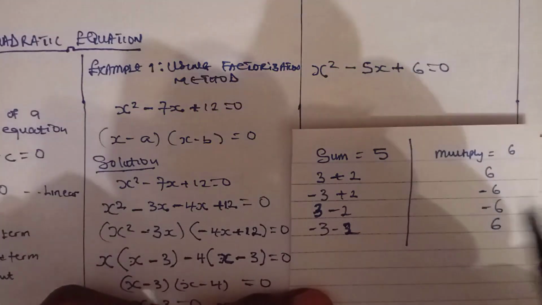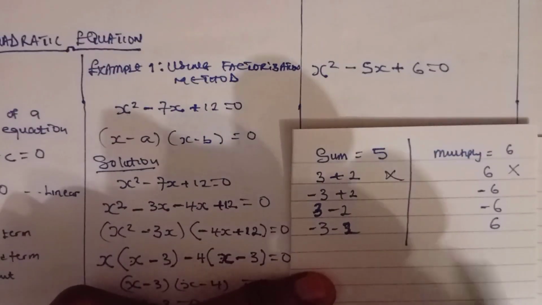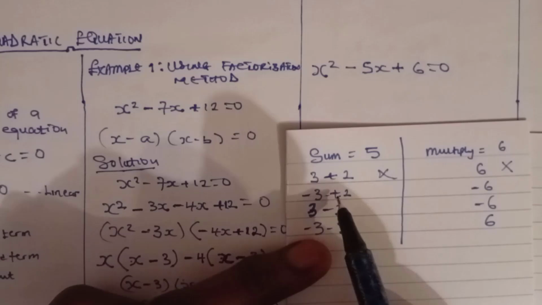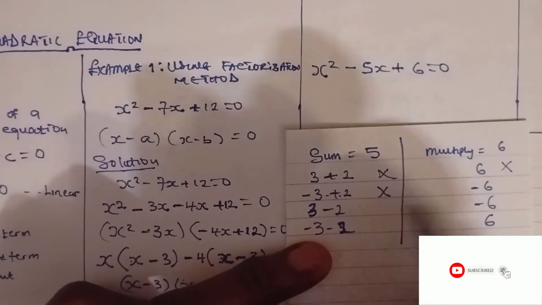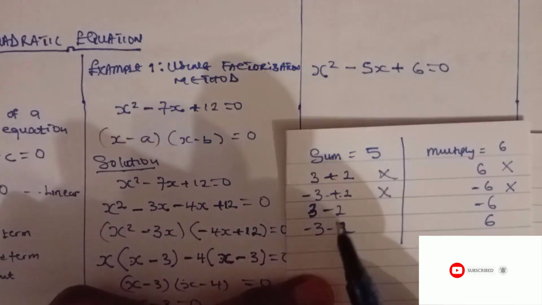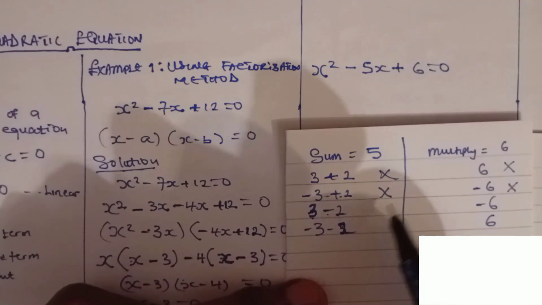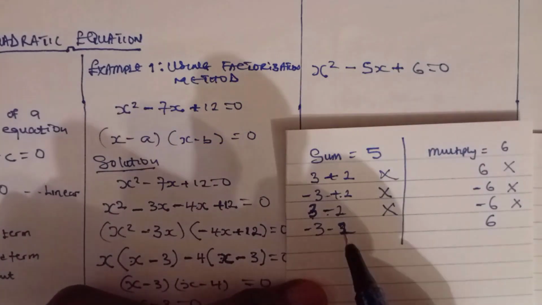And so this is not part of it. Then we have minus 3 plus 2. This is going to give you minus 1. So this is out. And then we have 3 minus 2. It's going to give you plus 1. So this is out of it.